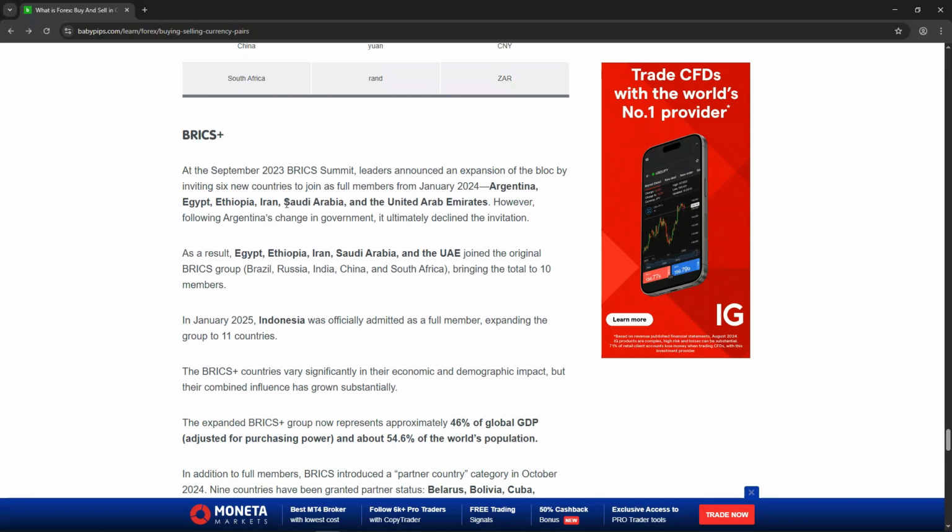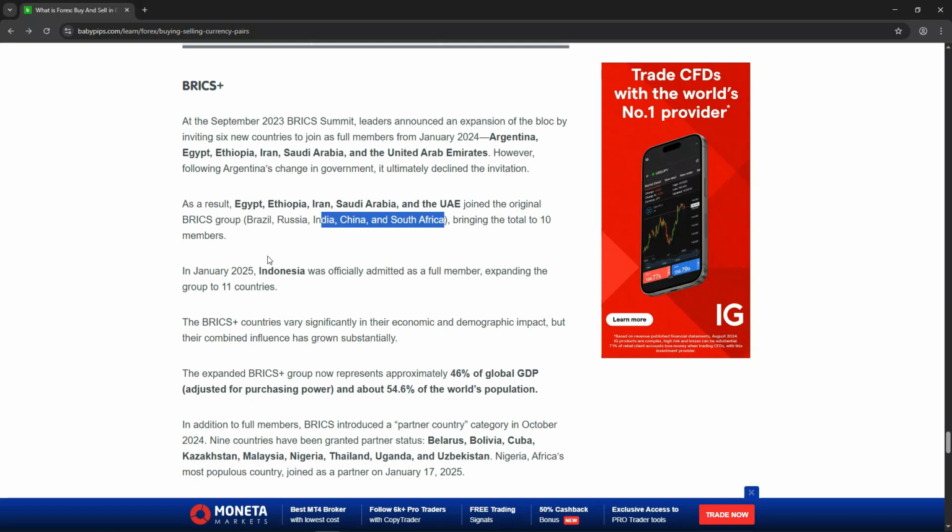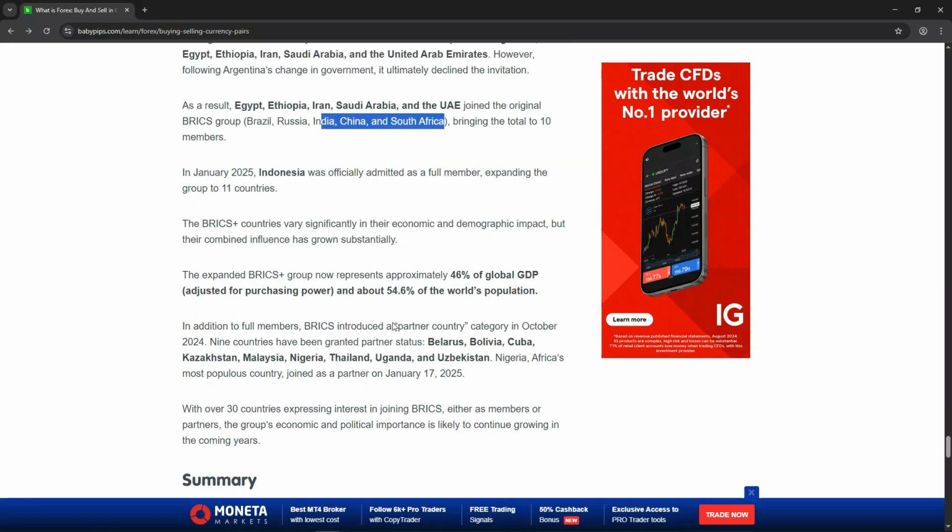Alright, now let's talk about BRICS Plus. This is basically an expanded version of the original BRICS group, which included Brazil, Russia, India, China, and South Africa. And over time, more countries have been added, such as Saudi Arabia, the UAE, Egypt, and others, making the group even larger.